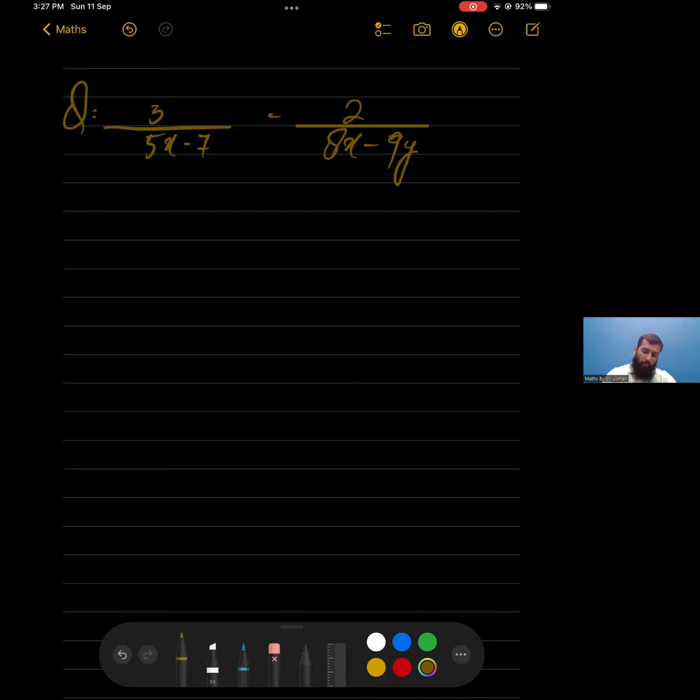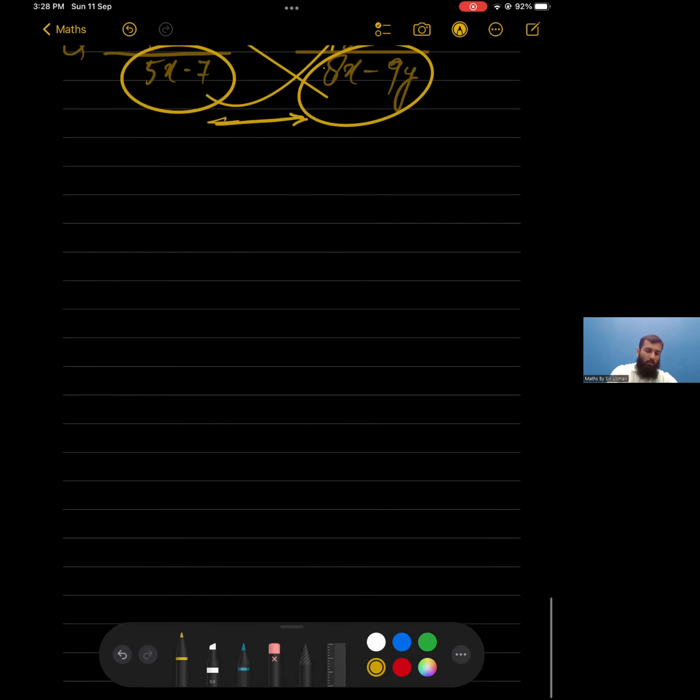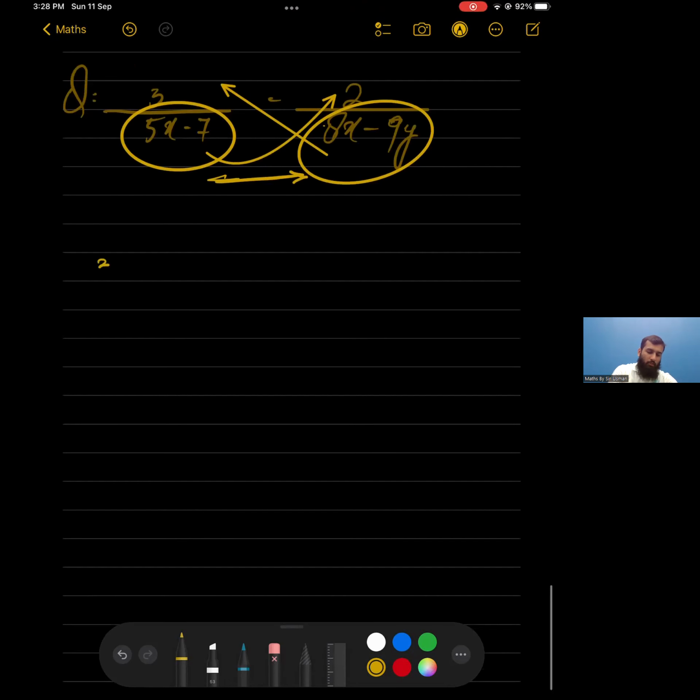What you will have over here is that you would multiply this 8x minus 9y with 3 and this 5x minus 7 with 2. और फिर डिनोमिनेटर में भी आप मल्टीप्लिकेशन करोगे. You would multiply in the denominators as well. So what happens over here is that you would multiply 3 with 8x minus 9y.